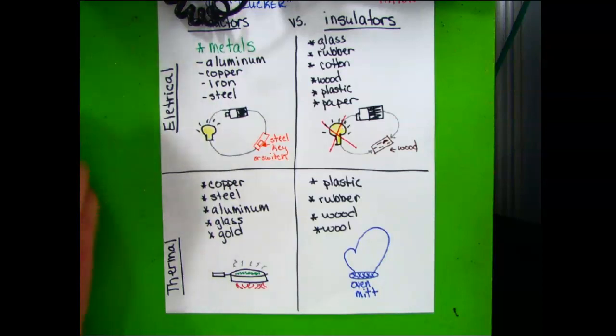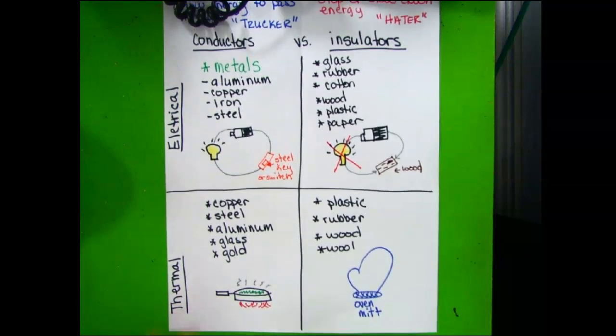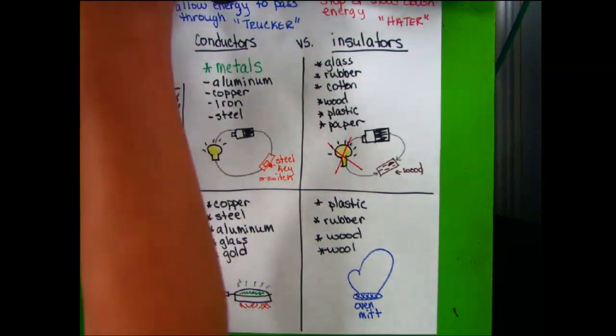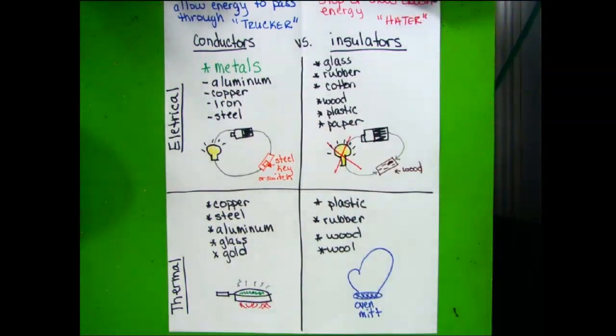I don't know if I can scoot it down a little bit so you can see all of it. My phone cord's still in the way. So this is our conductor versus insulator notes. You have electrical conductors and insulators. You have thermal conductors and insulators.